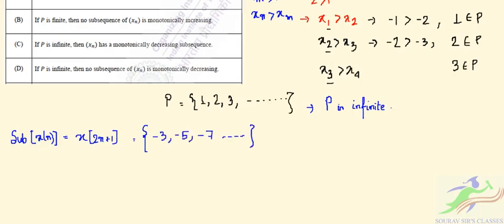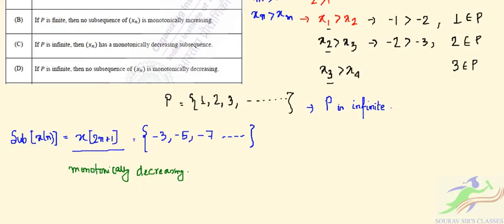This is a monotonically decreasing subsequence. So if P is infinite, then x_n has a monotonically decreasing subsequence, which is option C.